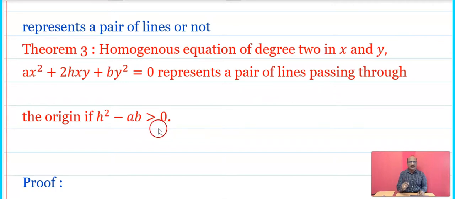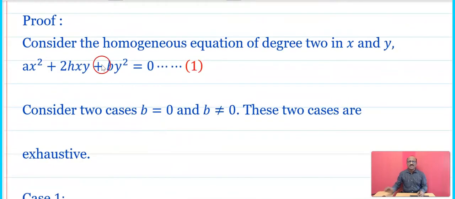Then we say that it represents a pair of lines passing through the origin. Consider the homogeneous equation of degree 2 in x and y, that is ax square plus 2hxy plus by square equals 0. Consider the two cases: first case, b equals 0, and second, b not equal to 0. These two cases are adjusted.